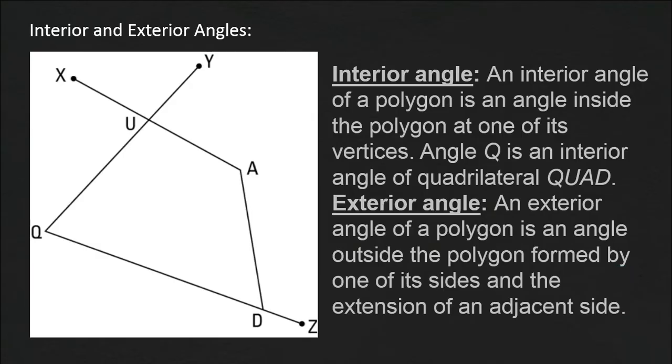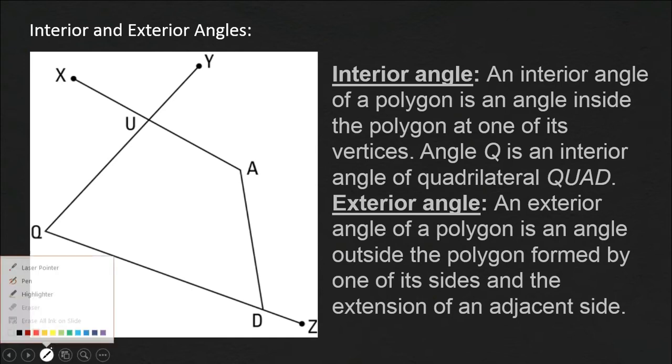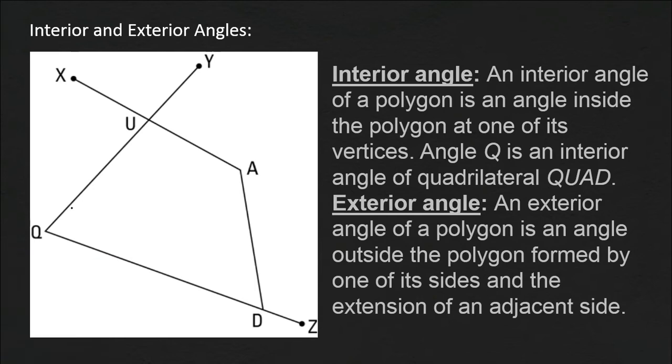Now, what are interior and exterior angles? An interior angle of a polygon is an angle inside the polygon at one of its vertices. If I mark this angle here, this is an interior angle because it's inside the polygon.